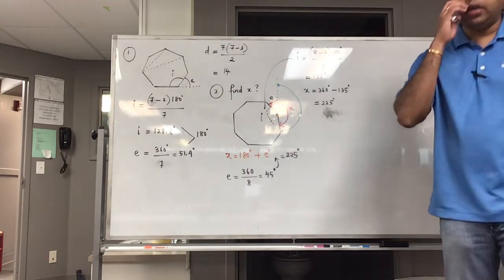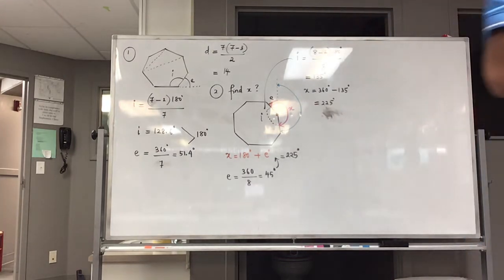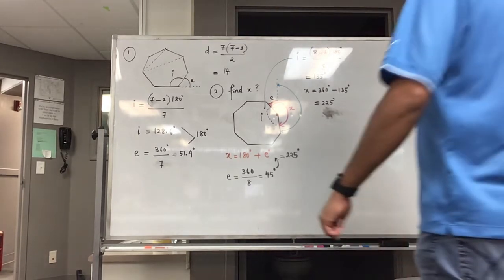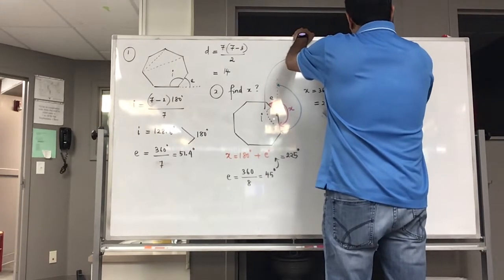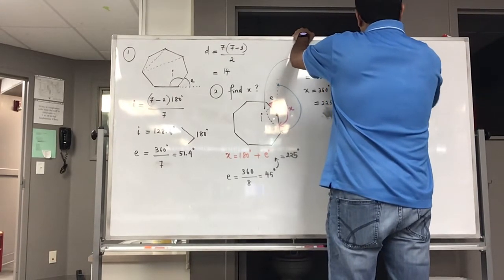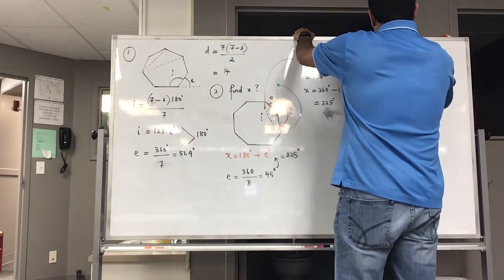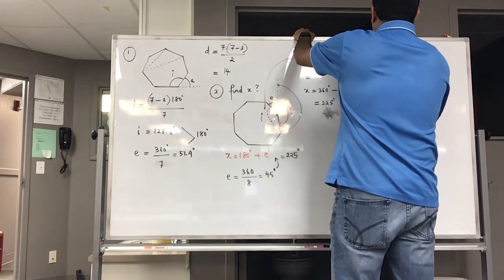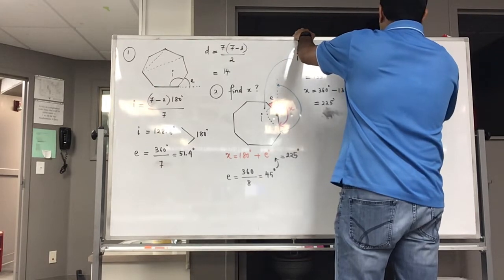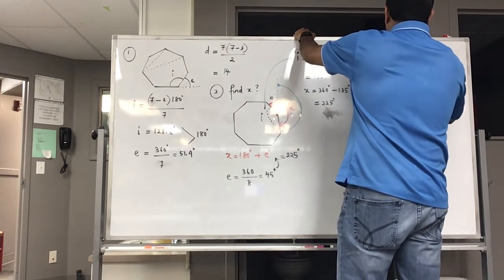Moving on, page 15 of the math packet. We're gonna go to difference of squares. Difference of squares: a squared minus b squared is equal to a plus b times a minus b.